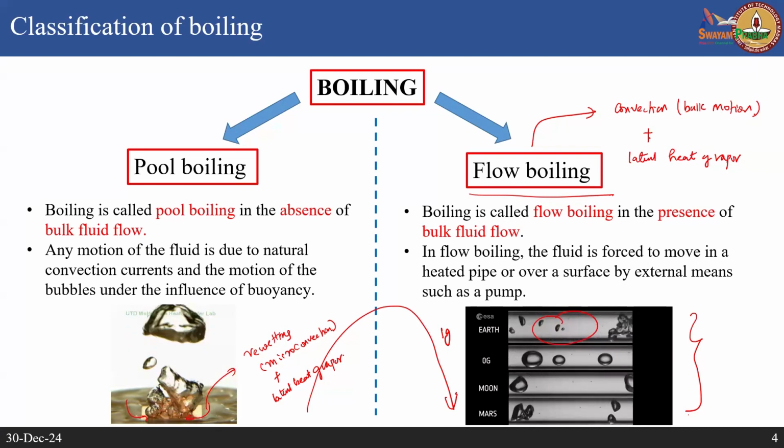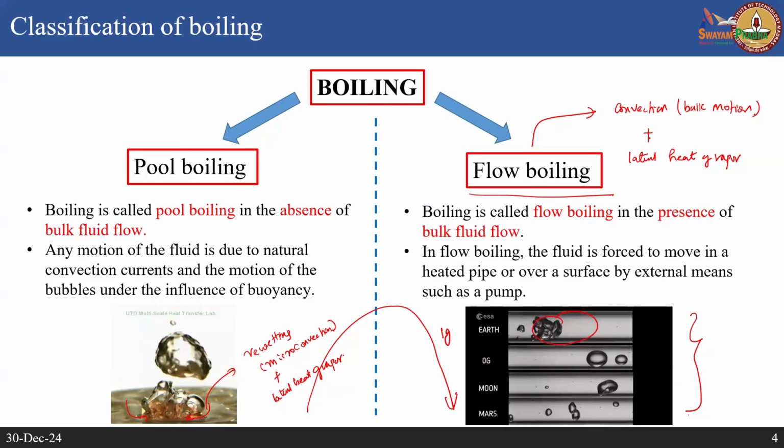The detaching process is primarily driven by buoyancy, which is more prominently seen in a 1 g environment. If you go to 0 g, or microgravity, where there is hardly any buoyancy force, then there is nothing to detach. So, these bubbles keep growing till they become very large, and maybe at some point they detach because of some other instability or perturbation, but by themselves there is no buoyancy to detach.